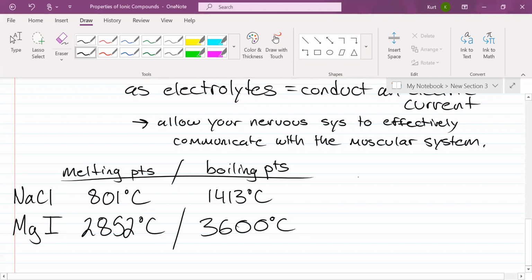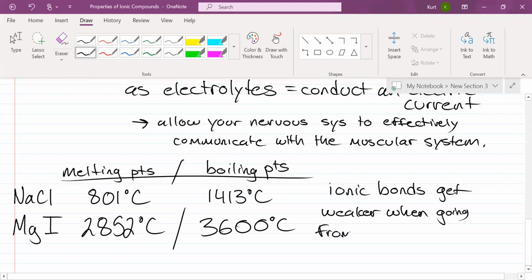So the point I'm trying to make to you all is ionic bonds get weaker when going from solid to liquid and liquid to gas.